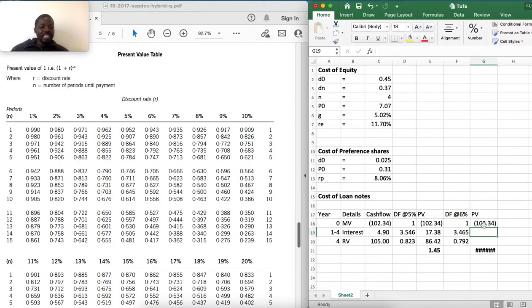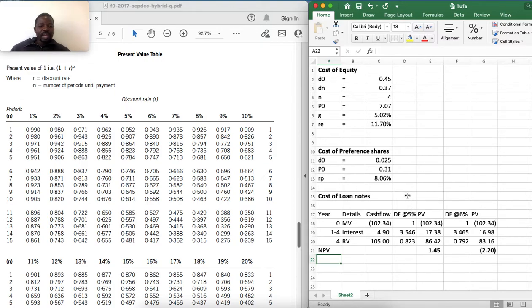We get that. We copy up to year 4 there. Then we get these are our net present values, NPVs. So NPV at 5%, 1.46 positive. NPV at 6%, 2.20 negative, like that.